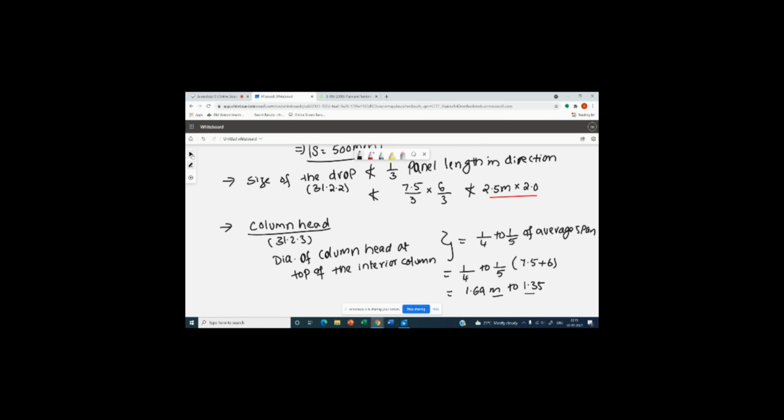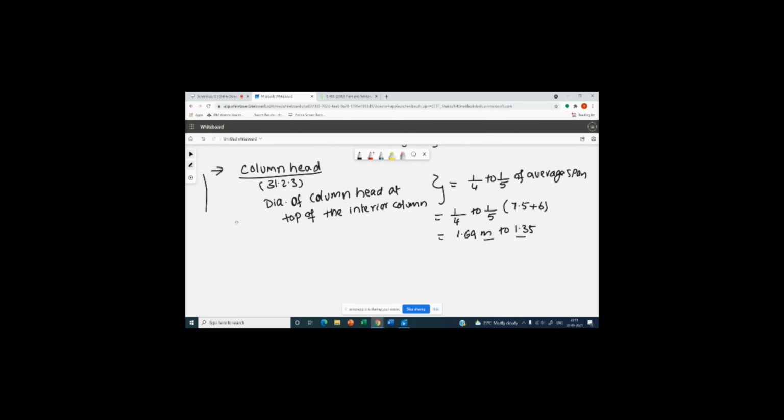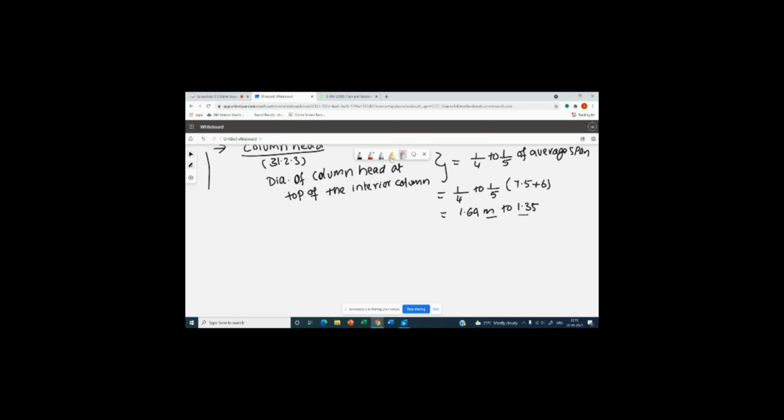You can select the diameter anything between 1.69 and 1.35, because we have to follow the recommendations of IS 456. As I said, you have the flexibility of picking anything between these two. So to solve this problem, I have taken 1.5 meters at the top.